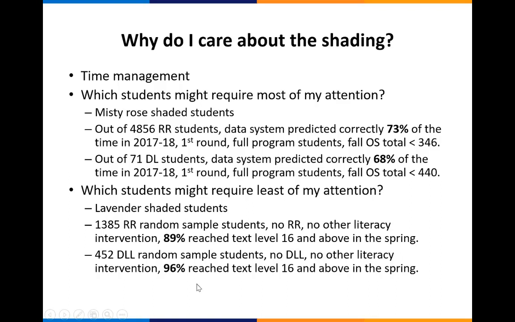By the end of this school year, 96% of them reached a text level 16 or higher. So once again, lending some evidence that these lavender shaded kids probably don't require as much of your attention. So that helps you manage your time and focus it where it might do the greatest amount of good.